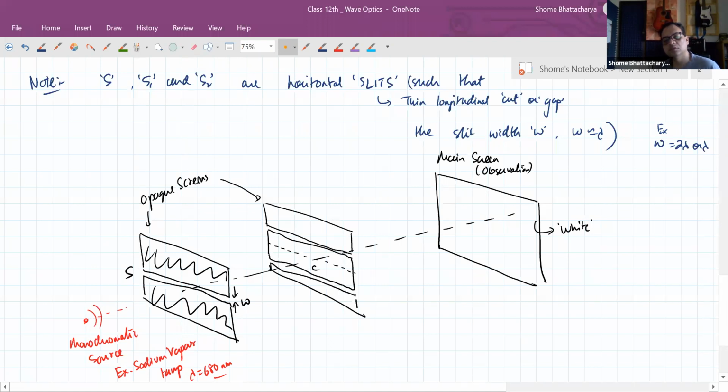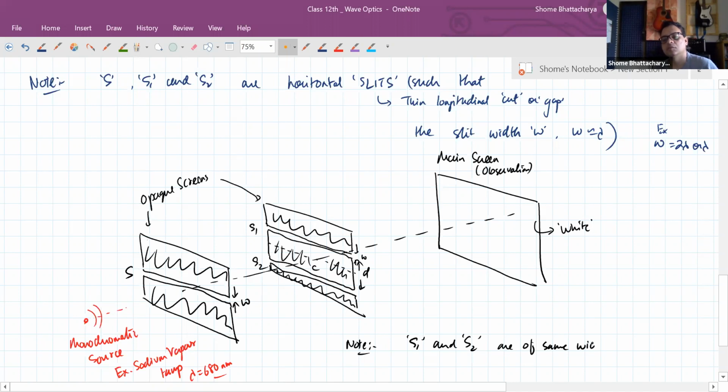There are these two slits here, and this is of the similar width W. So typically in a standard Young's double slit experiment, both the slits S1 and S2 should be of the same width and are symmetric with respect to S. So the distance S1 is equal to the distance S2, or they are symmetric with respect to S.